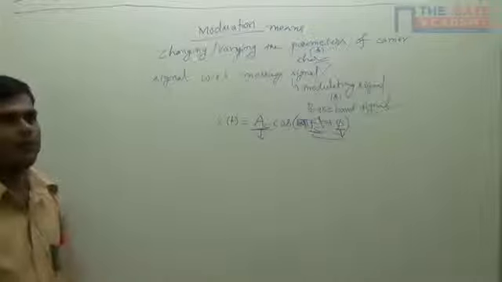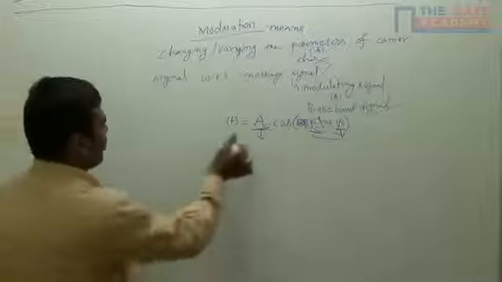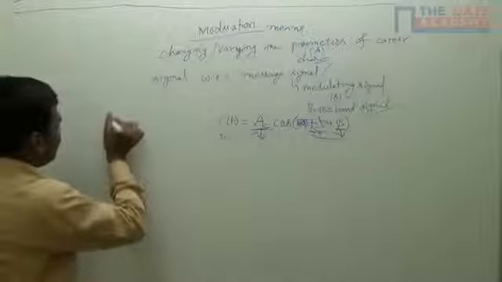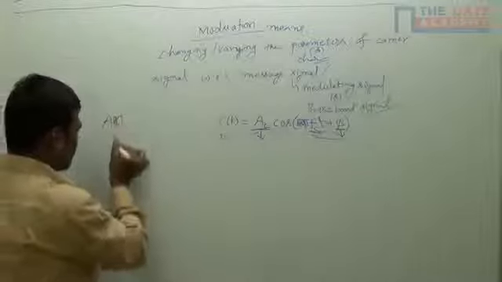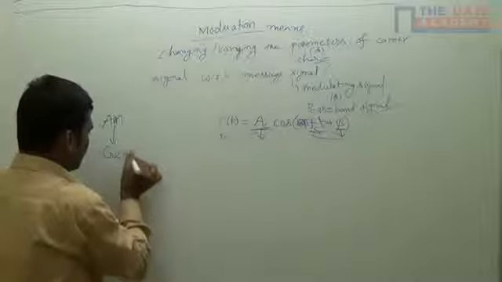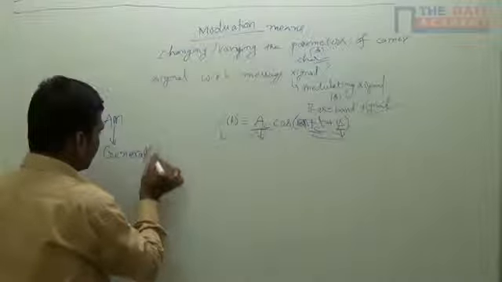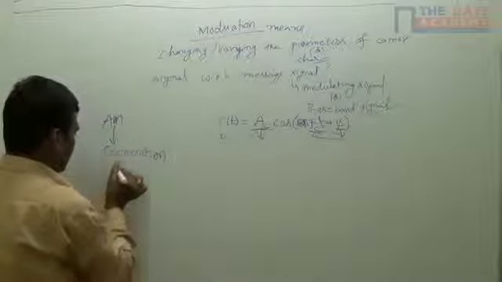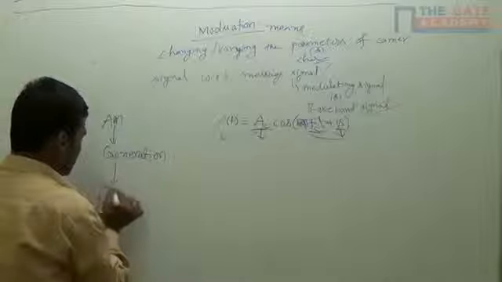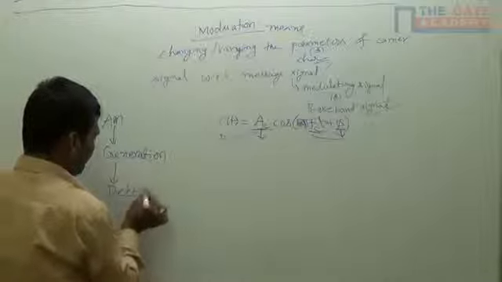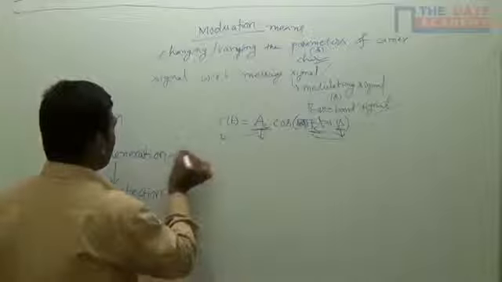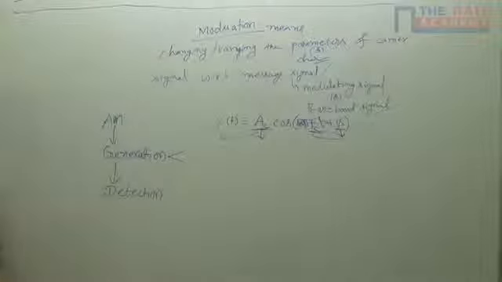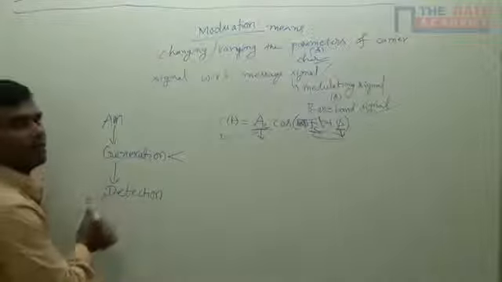Now today we are going to see, in amplitude modulation, the generating methods or generation of the AM waveform, and the next one is detection. So how many methods are there for generating these AM waveforms?